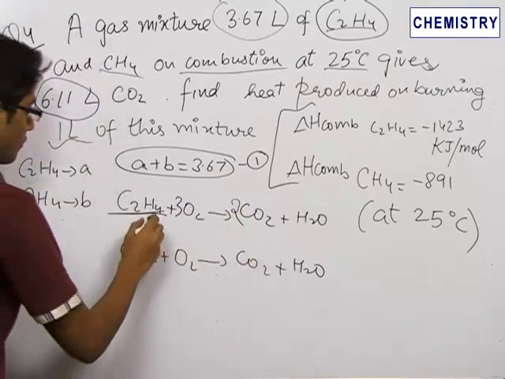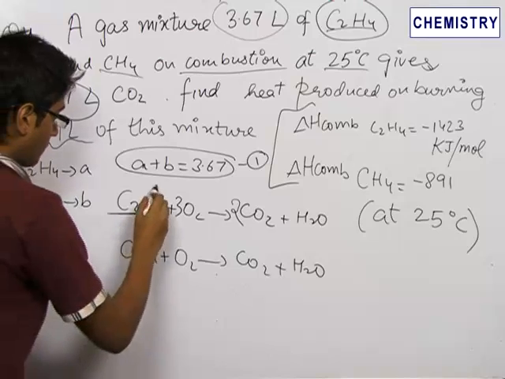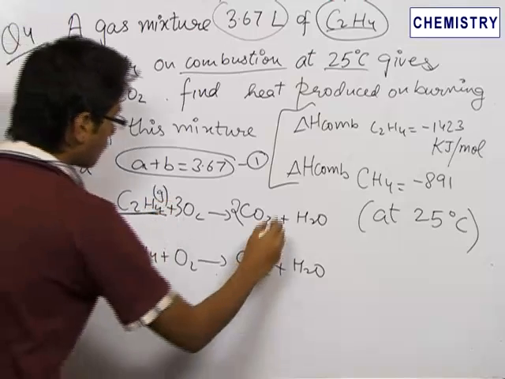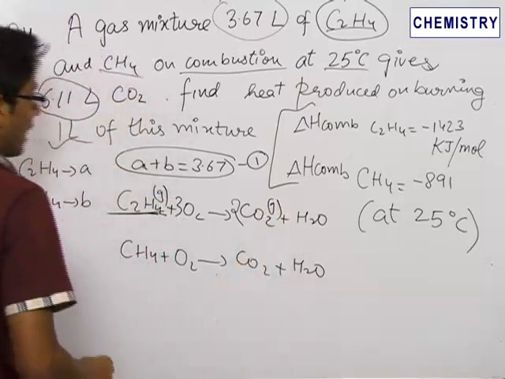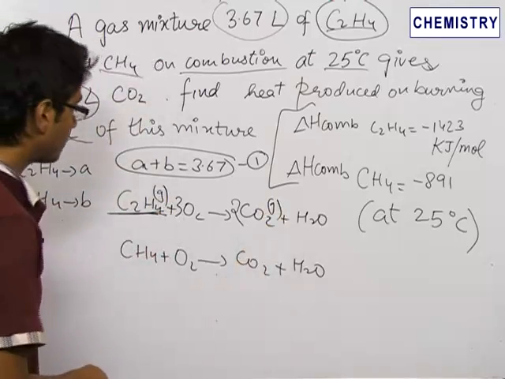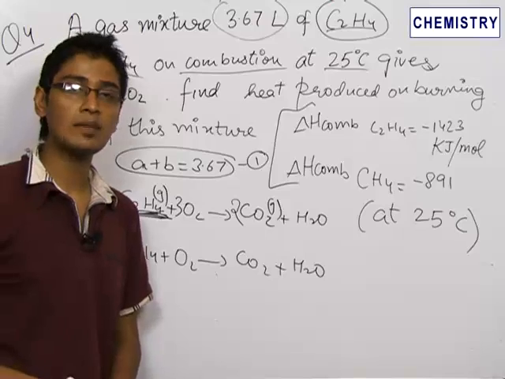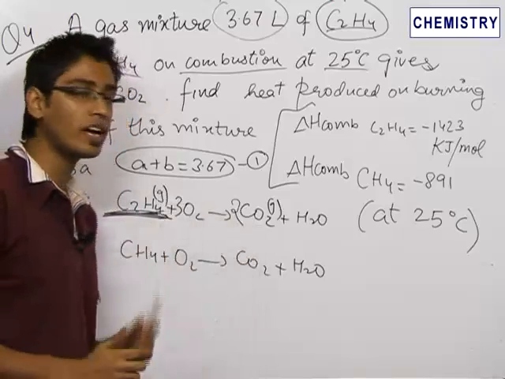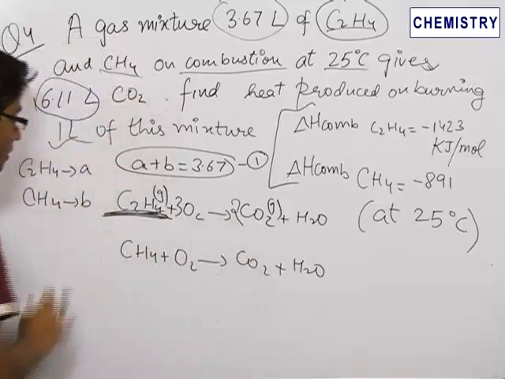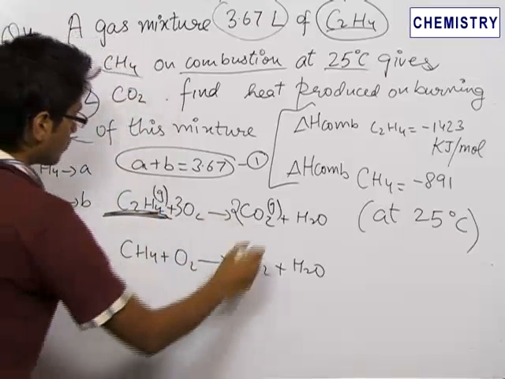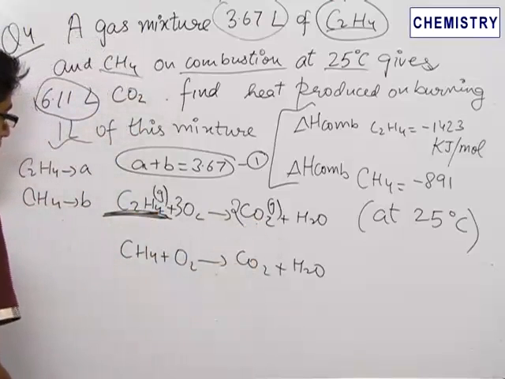Now 1 mole of C2H4 gas produces 2 moles of CO2 gas, and we know that at standard temperature and pressure the volume of 1 mole of C2H4 gas is same as the volume of 1 mole of CO2 gas.